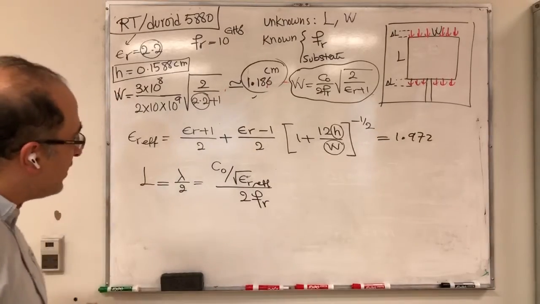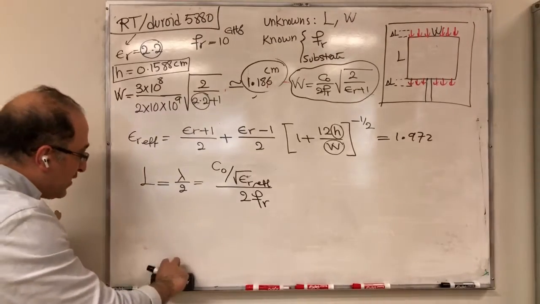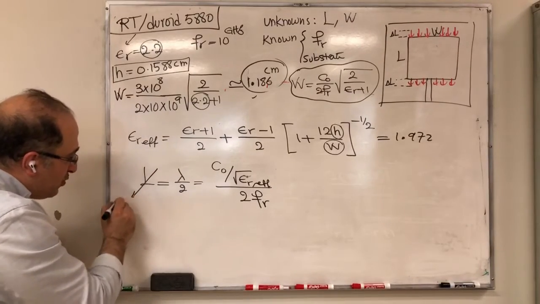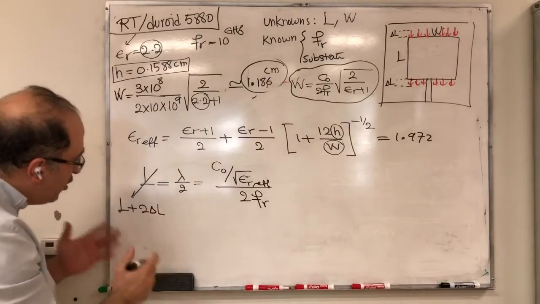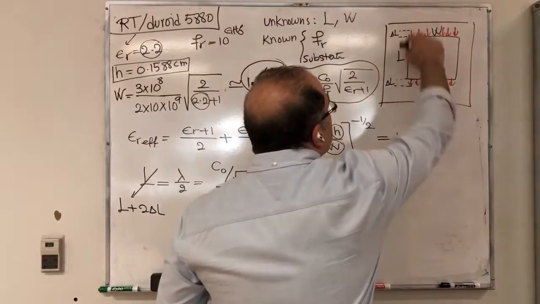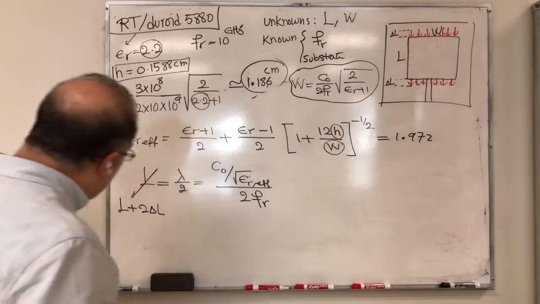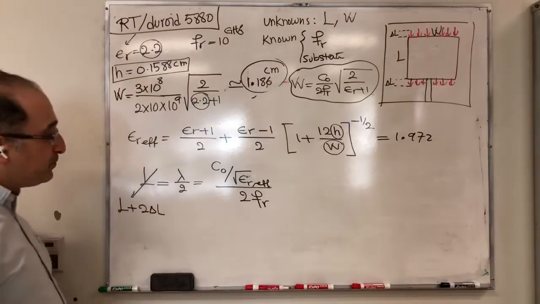So this is correct. But this side is not correct. This side should be, instead of L, L plus 2 delta L. Because I know that what matters is this L and these two small delta L that I have. So I say L plus 2 delta L should be equal to that.